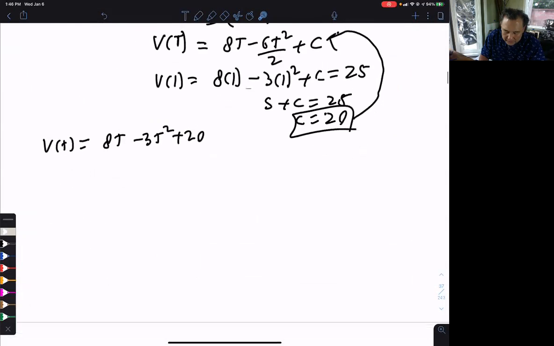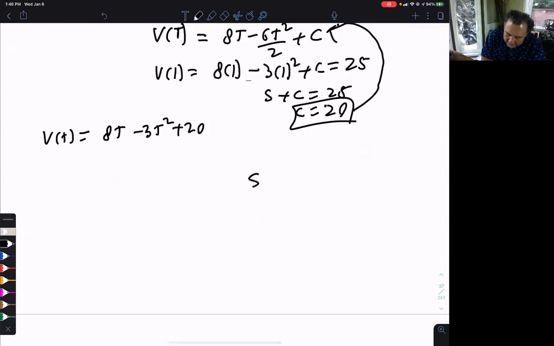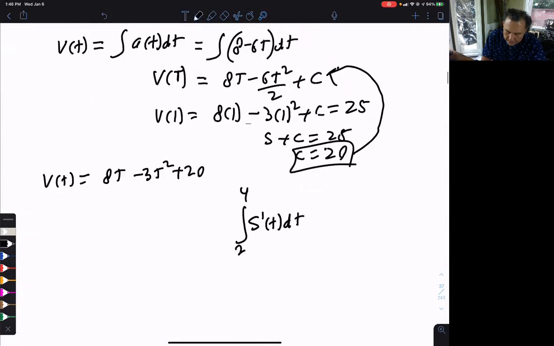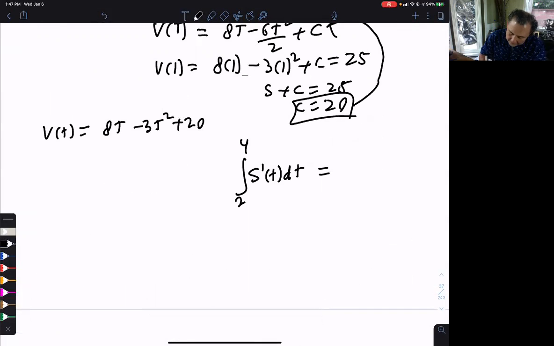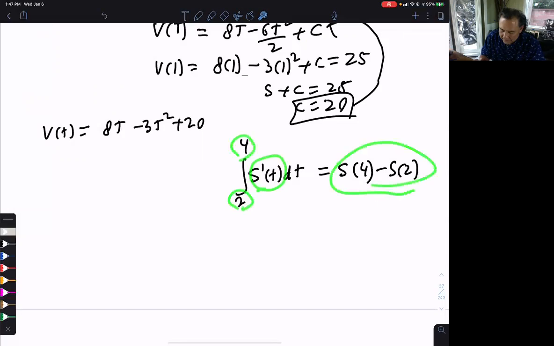It says if I take S prime of t from 2 to 4, that, by the fundamental theorem of calculus, is S of 4 minus S of 2. A reminder, the antiderivative of that is S. Then you plug in 4 and 2 and subtract.